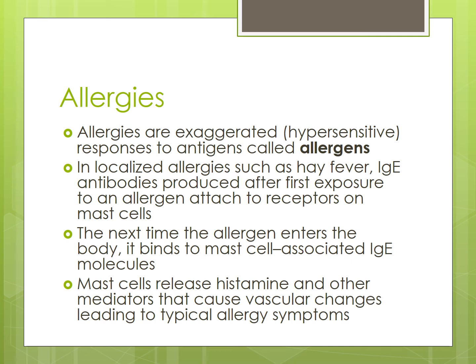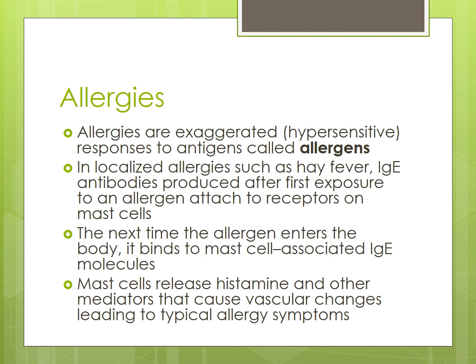They're just called allergens. And so if your body gets exaggerated or hypersensitive to different chemicals, like let's say we're talking about pollen or a certain chemical that gets on your skin, and your body just responds like it's some type of pathogen, that is going to be considered an allergy. Let's talk about pollen.